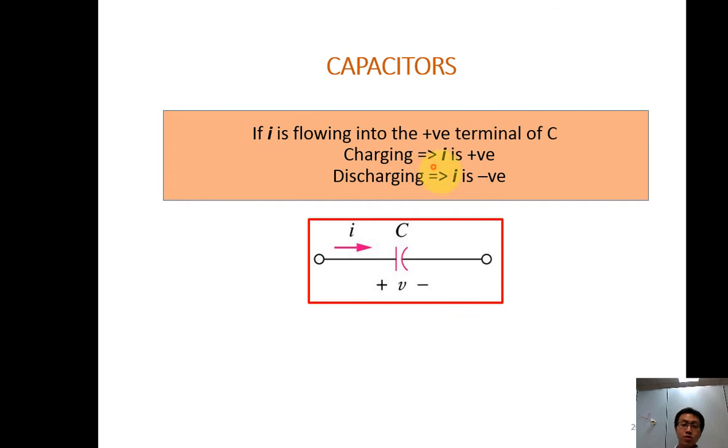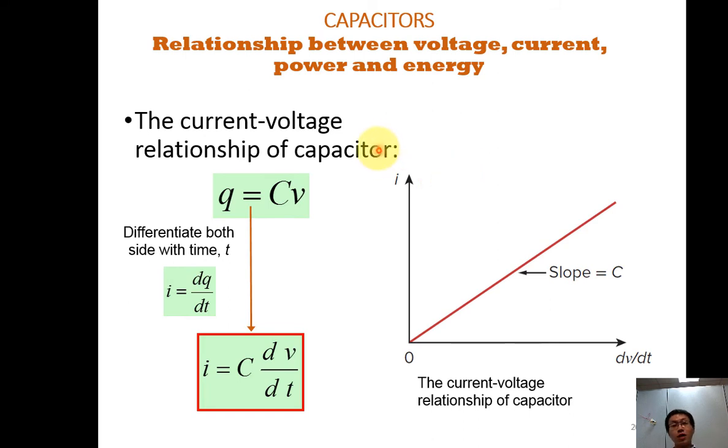If I is flowing into the positive terminal of the capacitor, we call it charging, and I is positive. When I is negative, it is discharging. So a capacitor acts like a battery. To summarize, Q equals CV. When we differentiate both sides with respect to time, dq/dt equals C, which is a constant, so we cannot differentiate it, times the derivative of V with time, dv/dt.